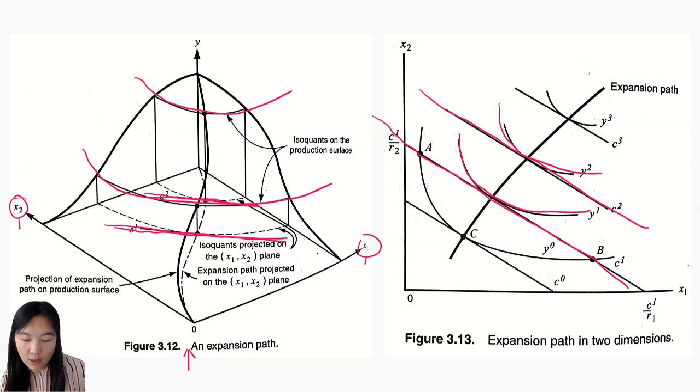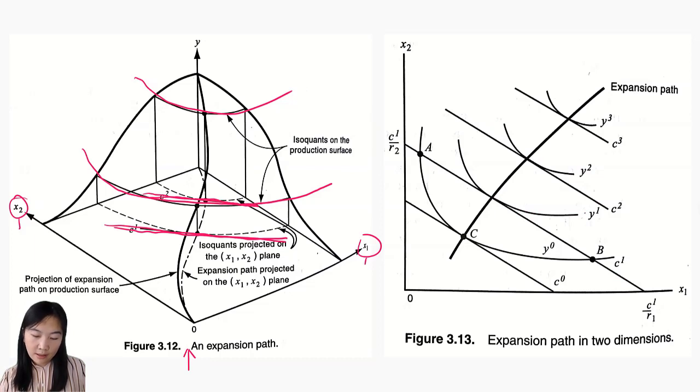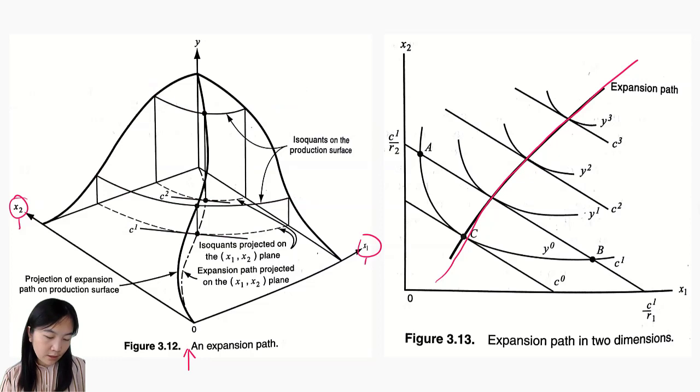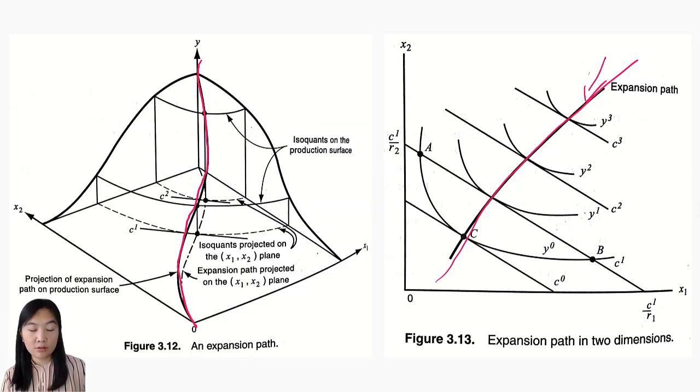this isocost curve. And in the x1 and the x2 plane, the expansion path is a curve. However, in the 3D graph, the expansion path is actually along this production surface, and this line here is actually this curve on the surface projected to the x1 and x2 plane.